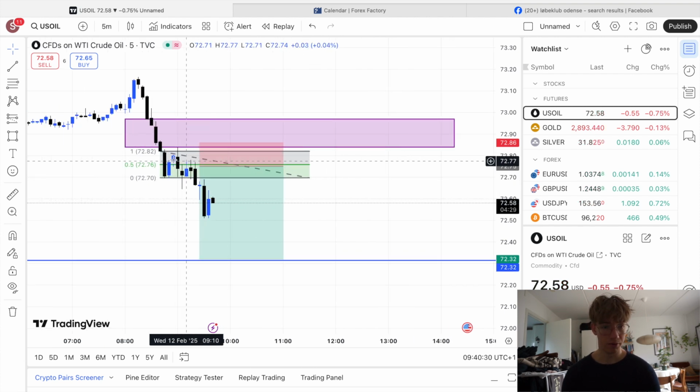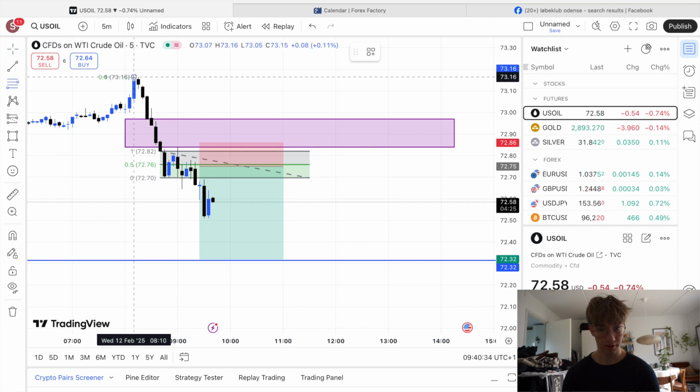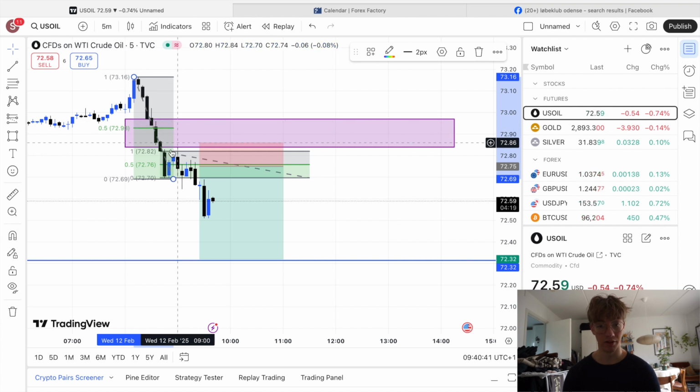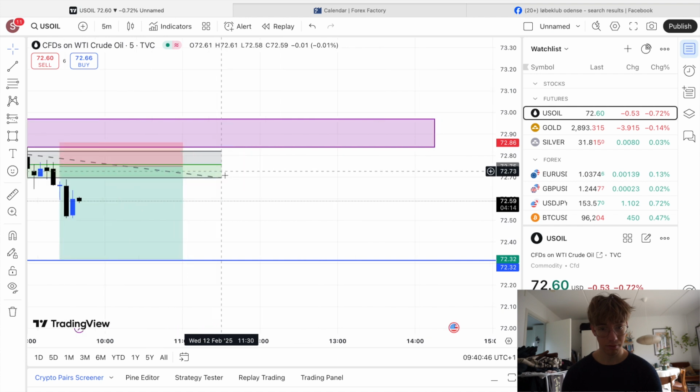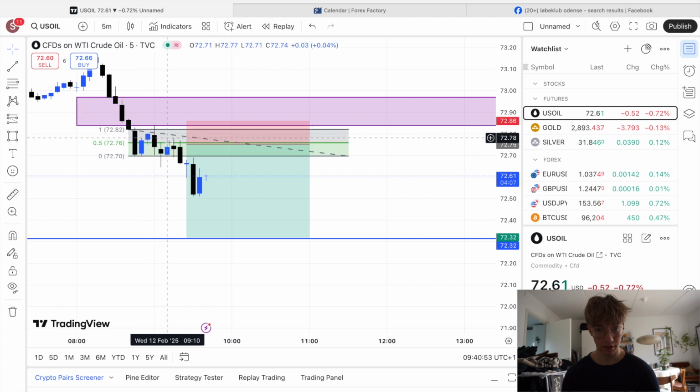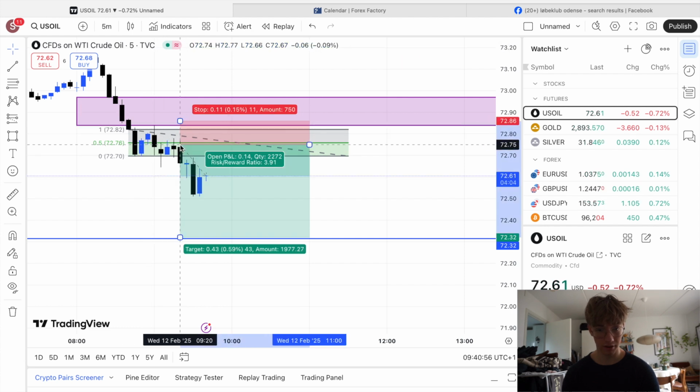I just hoped that we would see equilibrium from within here. This is where I would have hoped to enter, but obviously we were nowhere close to that. So I looked for another place to enter, and that was within equilibrium from the low here to this high. And yeah, I took the trade off of this candle.